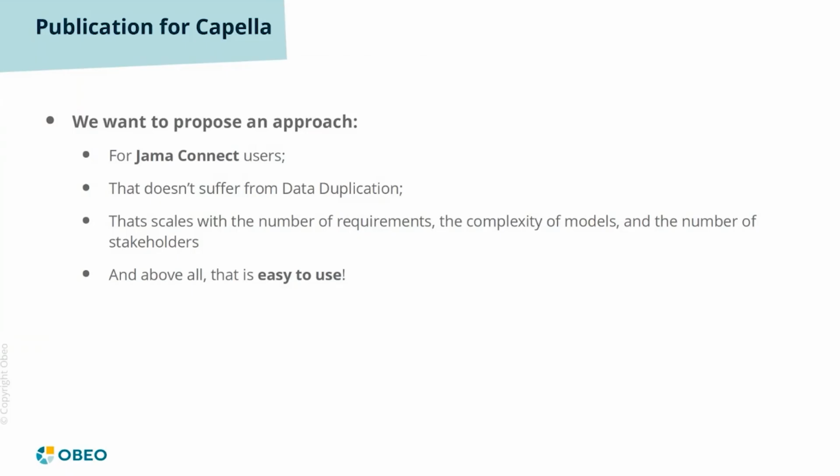We also want an approach that scales with the most demanding volumes and team sizes. But above all, we want something that is easy to use so that system engineers and other stakeholders will easily adopt it. So that's really key to have something that is as easy to use as possible.